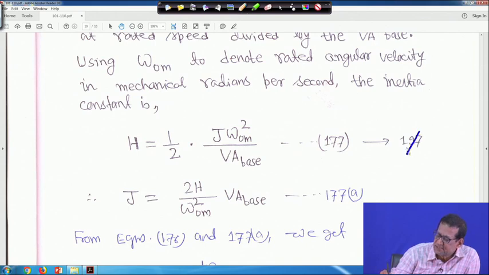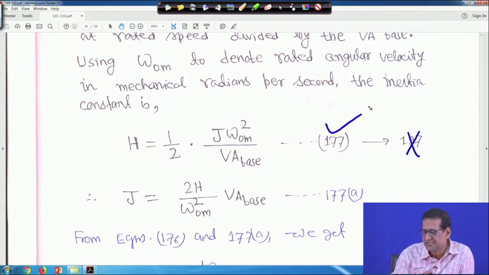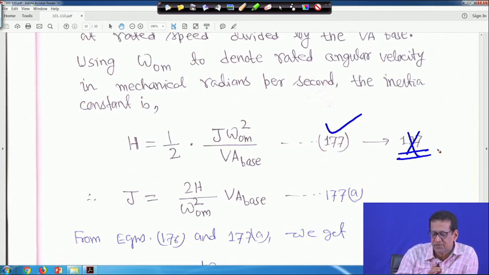This is equation 177. So, H is equal to half J omega 0m square upon volt ampere base, because half J omega 0m square is the kinetic energy, divided by the volt ampere base.